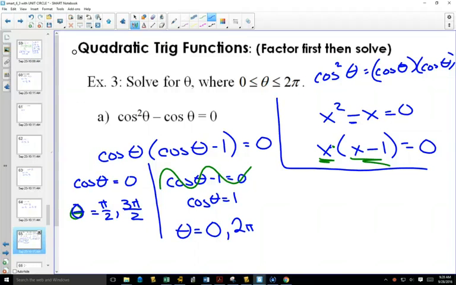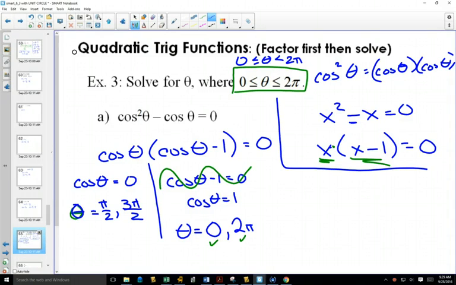Okay? And we have to be careful when we solve questions like this, because we're going to look back at our domain and make sure all of our values are included. So a couple of key things to notice in our domain here. 0 is less than or equal to theta is less than or equal to 2 pi. That means 0 is included and 2 pi is included. You will notice on some of your homework assignments, sometimes the textbook does things like this: 0 is less than or equal to theta is less than 2 pi, which means that 2 pi wouldn't have been included.